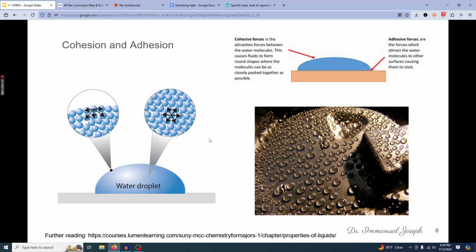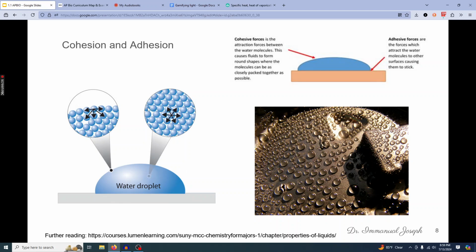So, some of the properties that the hydrogen bonds create. The first one is cohesion and adhesion. You take a drop of water, okay, a little bit of water, and drop it on wax. You'll see that water clumps together in the form of a little, almost spherical structure, right? Why is that?